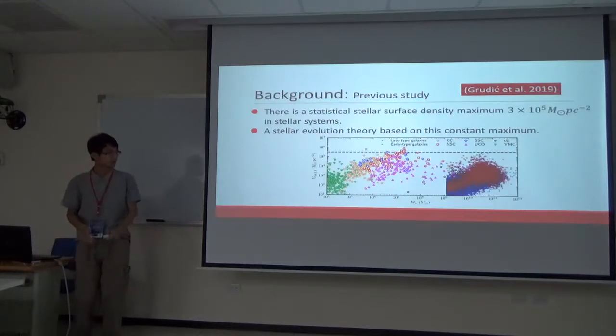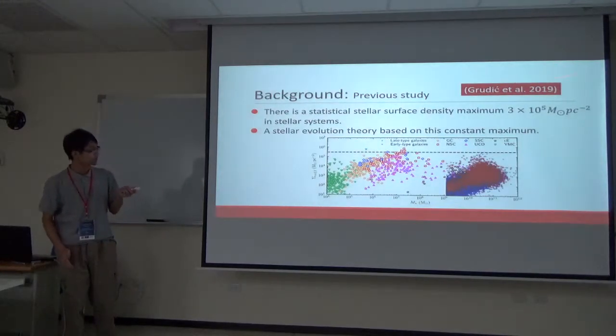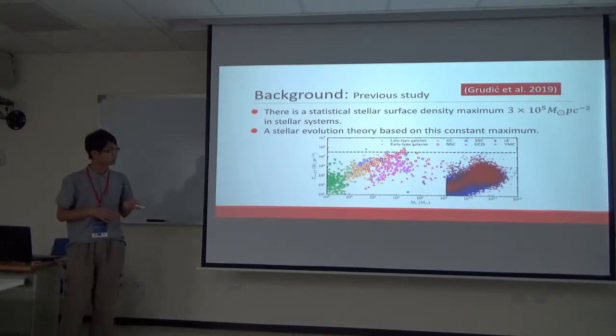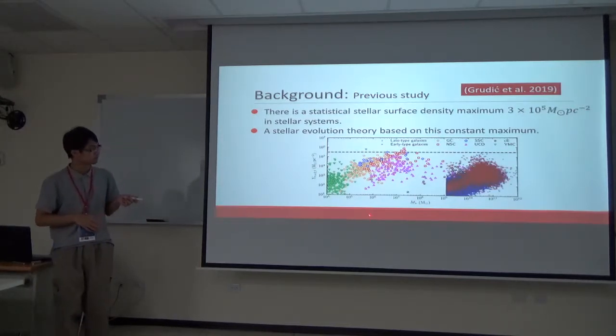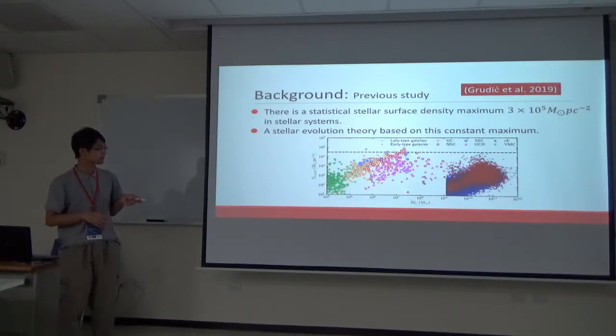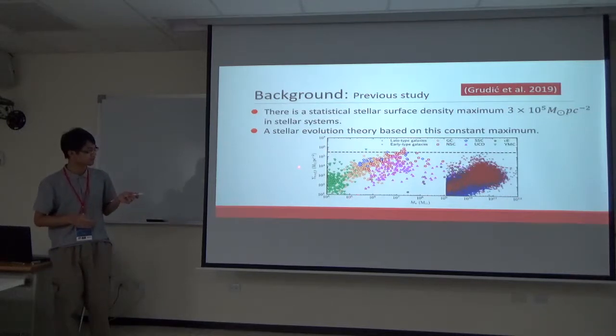In this previous study, they combined many catalogs, from star clusters to galaxies, and calculated their stellar surface density. So this is stellar surface density as a function of stellar mass.